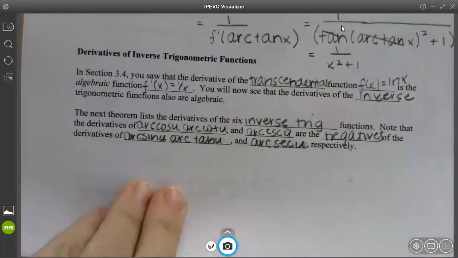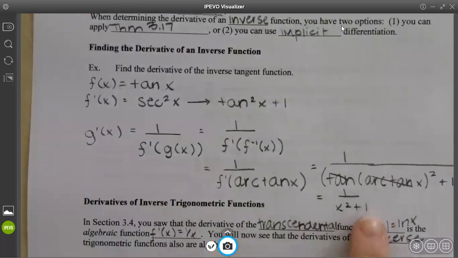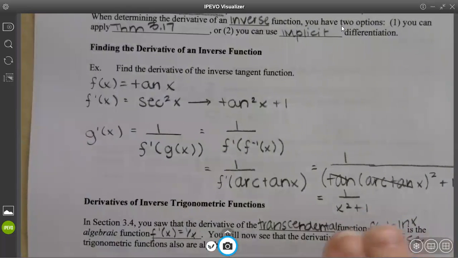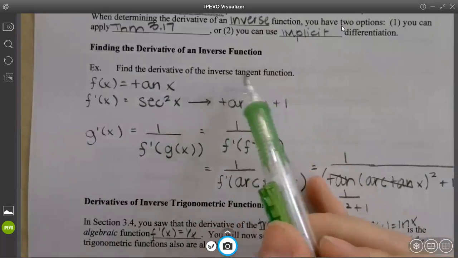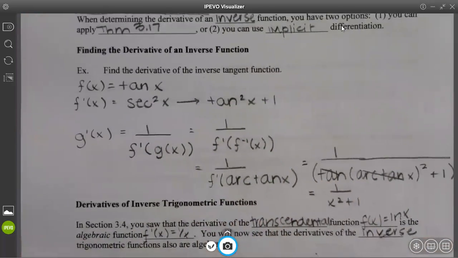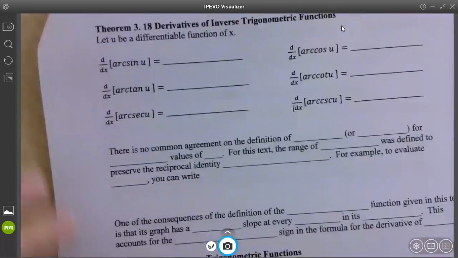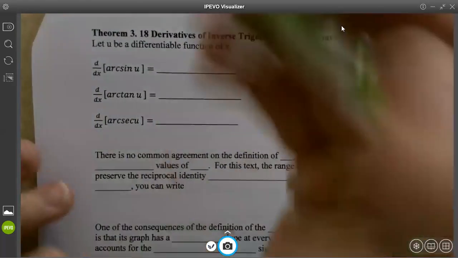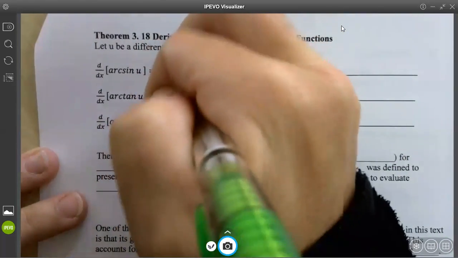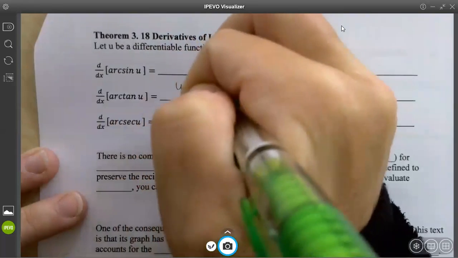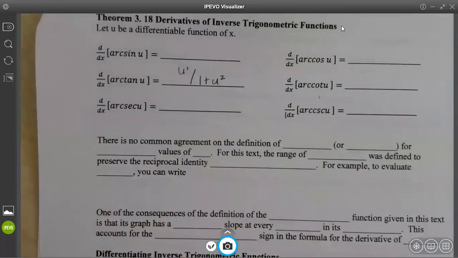All right. So remember, I told you this was a formula, right? Like this was just a proof to show you how they got that. So this was the inverse tangent function, or the arctan. I'm going to go ahead and tell you that the derivative of arctan u is u prime over 1 plus u squared.